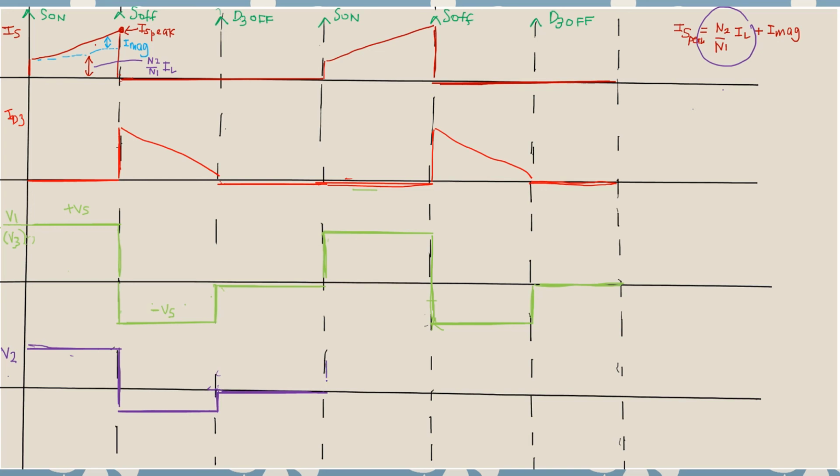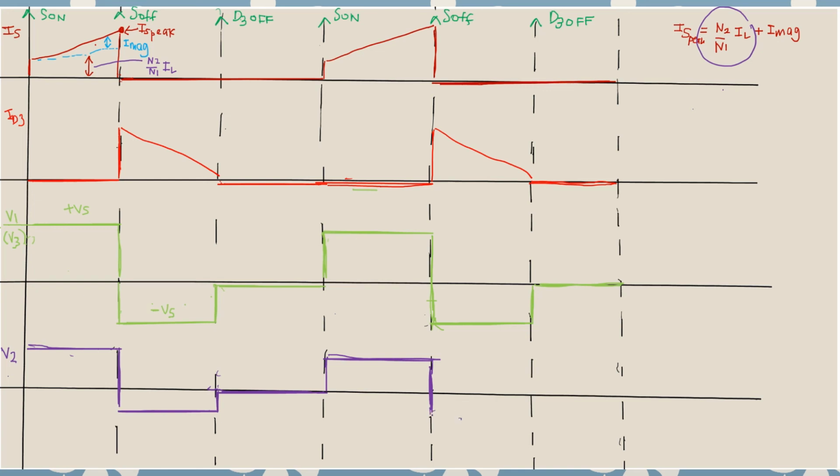Again when the switch is on, of course we will have a V2. And again when the switch is off, of course now they repeat.